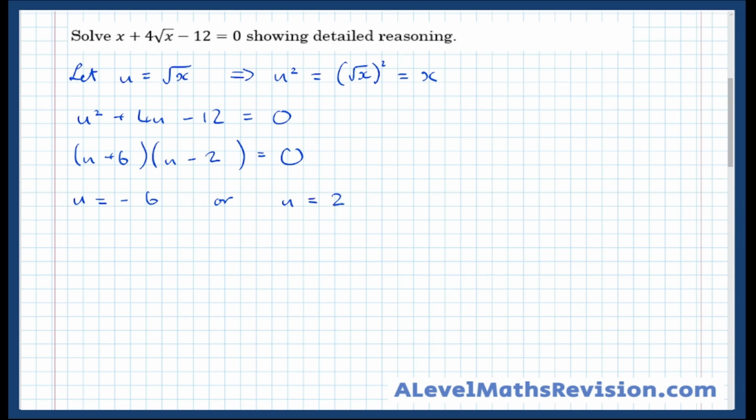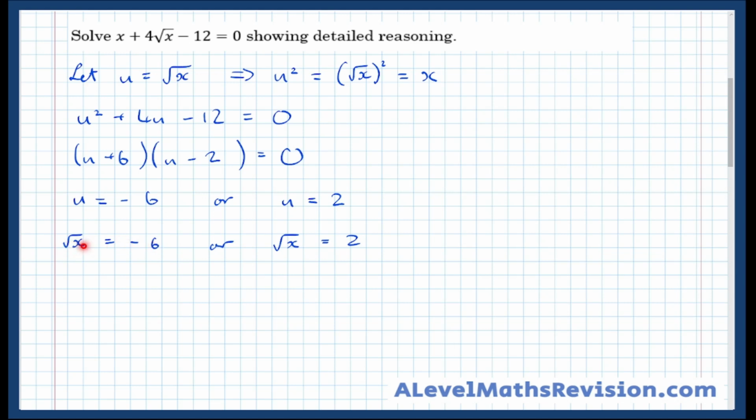And there's a subtle place that you can go wrong here and lose a mark. So now writing it out in terms of x, root x equals minus 6 or root x equals 2. Now you might not realise it, but one of these answers needs to be discarded. And this is a really, really important point.